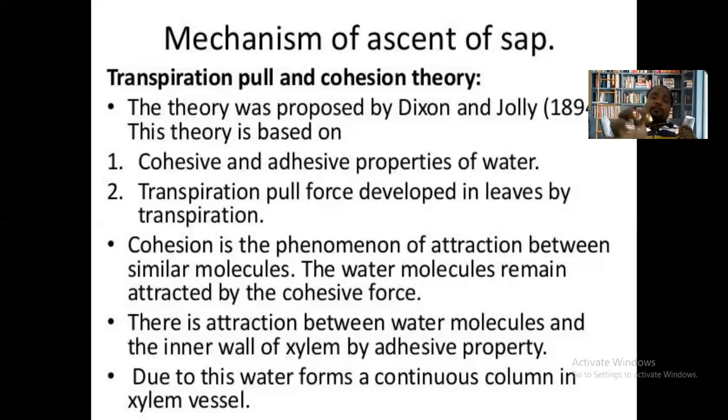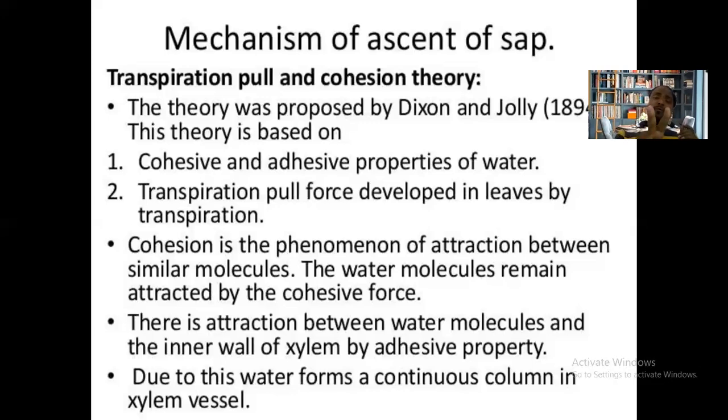That phenomenon is called cohesion. And what is the adhesion phenomenon then? Adhesion is also the attraction between two molecules, but here the two molecules are not of the same type. These are different types of molecules. So the attraction between two different types of molecules, and the force exerted there for the attraction, is called the adhesive force, isn't it?